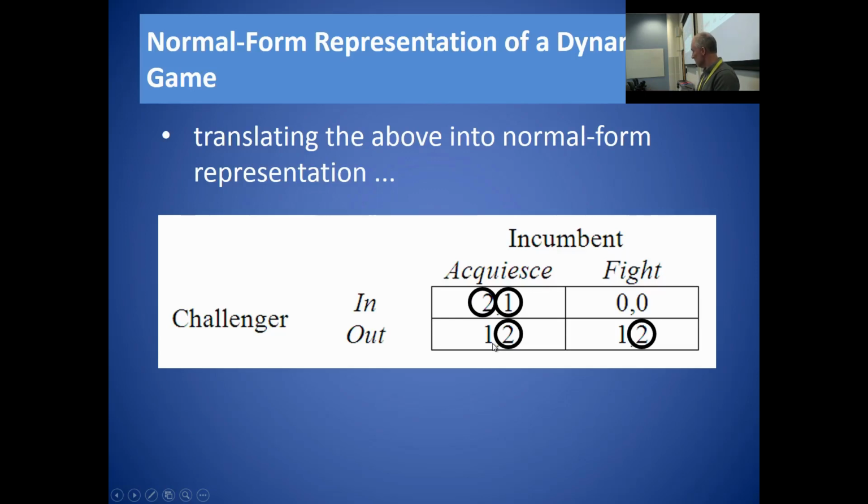Obviously 2 is preferred to 1. So again, that circle denotes the optimal response. And then lastly, were the incumbent to fight, is the challenger going to choose to enter and get a payoff of 0, or stay out and get a payoff of 1? If the incumbent was going to fight, it would rather stay out and get a payoff of 1.